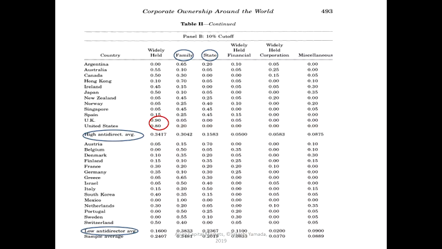You have the countries in the first column, and then the top panel basically looks at countries where there are high anti-director rights, which means that the minority shareholders are more protected for these countries at the top half of this table, and the bottom is lower. First they basically classify into two, and then in each column, the first column says widely held.